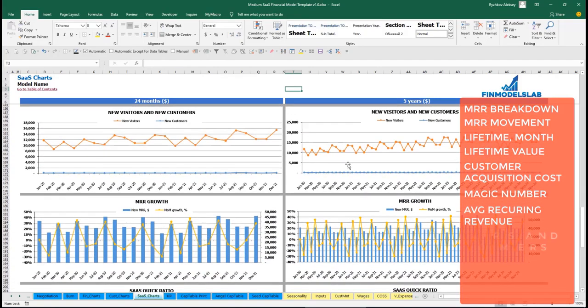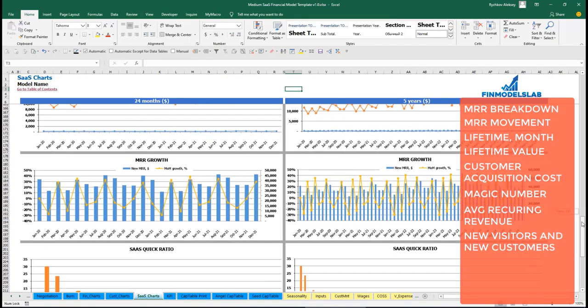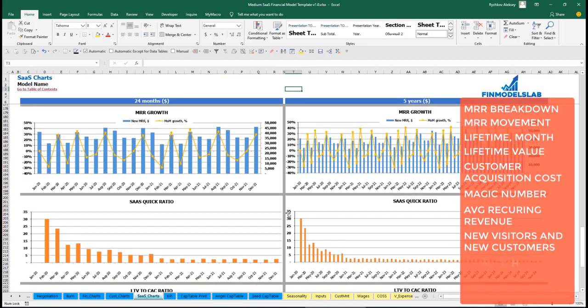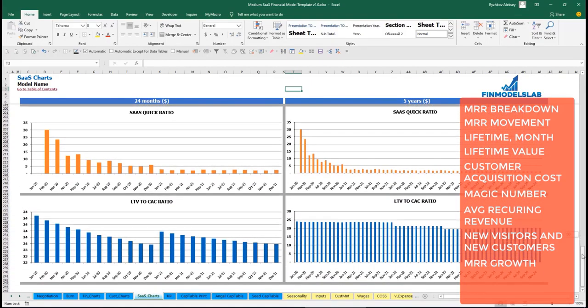New visitors and new customers, which shows you the efficiency of your SaaS funnel conversion rates. The MRR growth, which shows you the new MRR in dollars and month-over-month growth of MRR. The SaaS quick ratio, which shows you the ratio between new MRR divided by churned MRR.